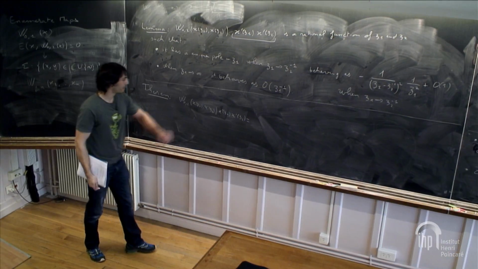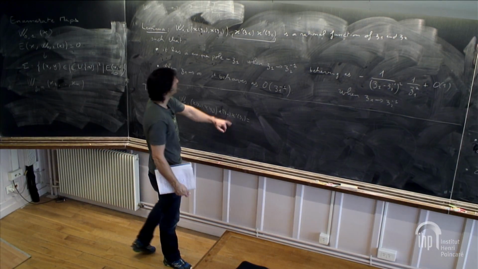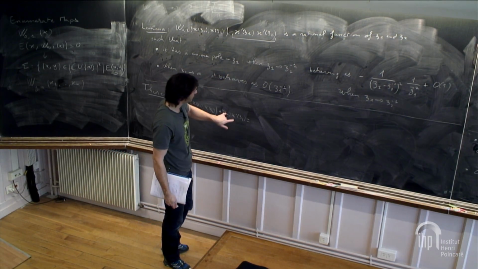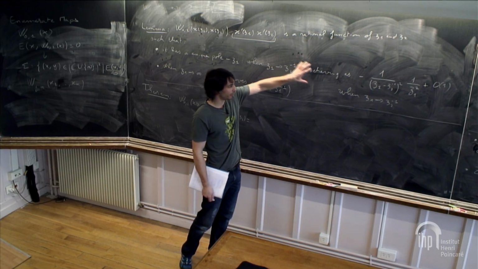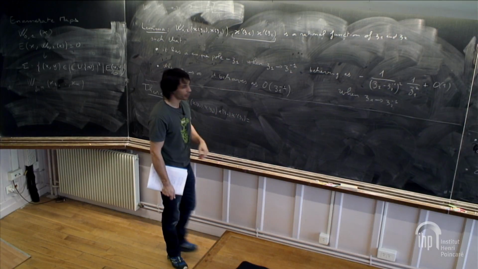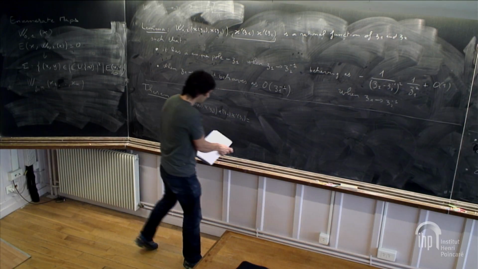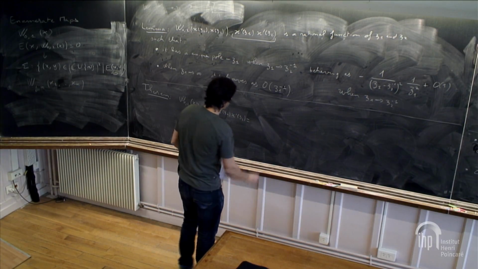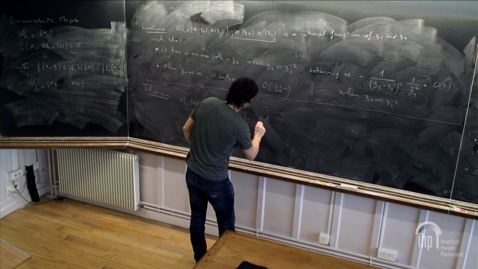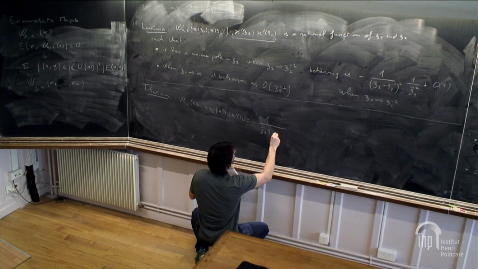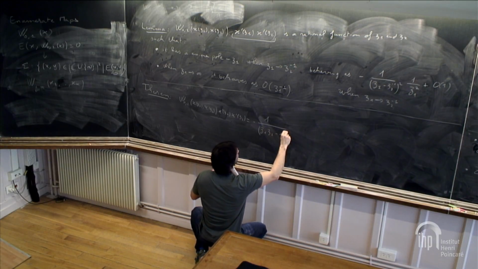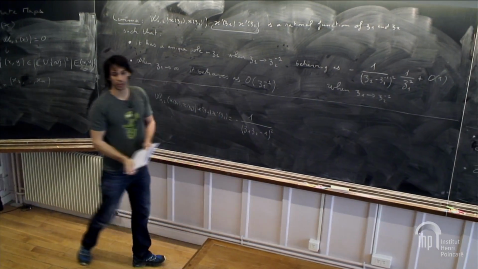So it's a rational function of Z1 and Z2, which is symmetric in the exchange of Z1 and Z2, which has this behavior. So it has a unique pole with this behavior. It has this behavior when Z1 goes to infinity. And there is only one such rational function, which is this one.